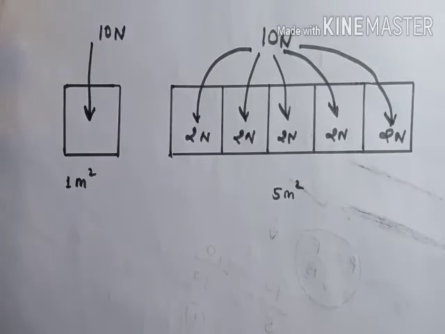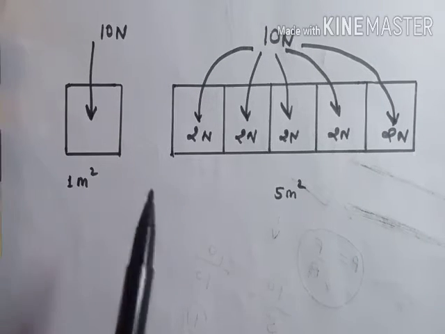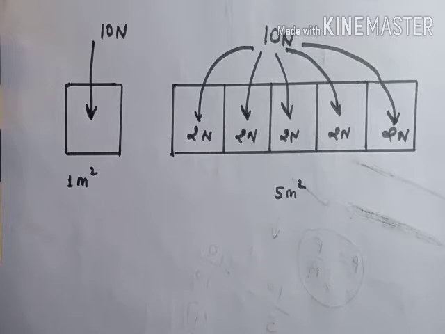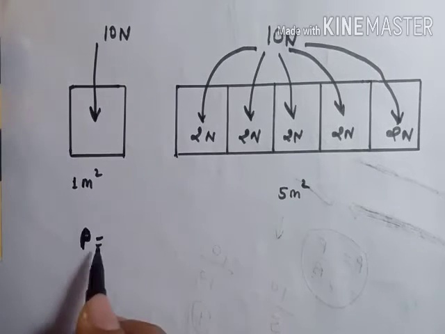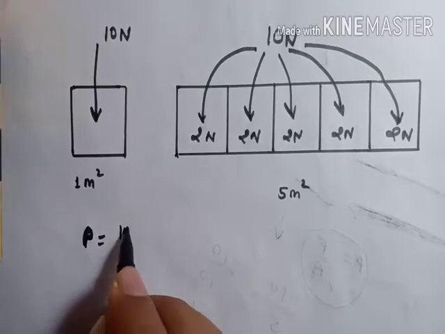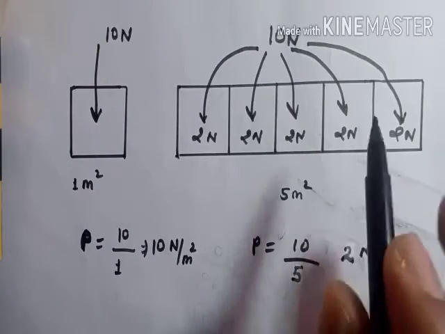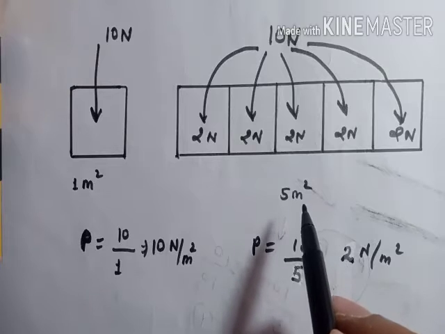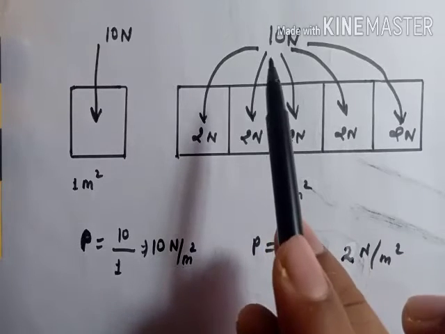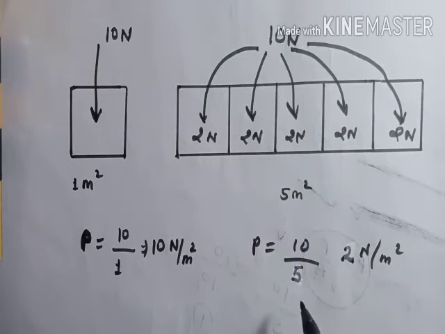So now compare one thing: the force which is applied on unit area is called pressure. In this case pressure is equal to force upon area, that is 10. Here for the second object the total area is 5 and the force applied is 10 Newton, so 10 upon 5 becomes 2 Newton per meter square.